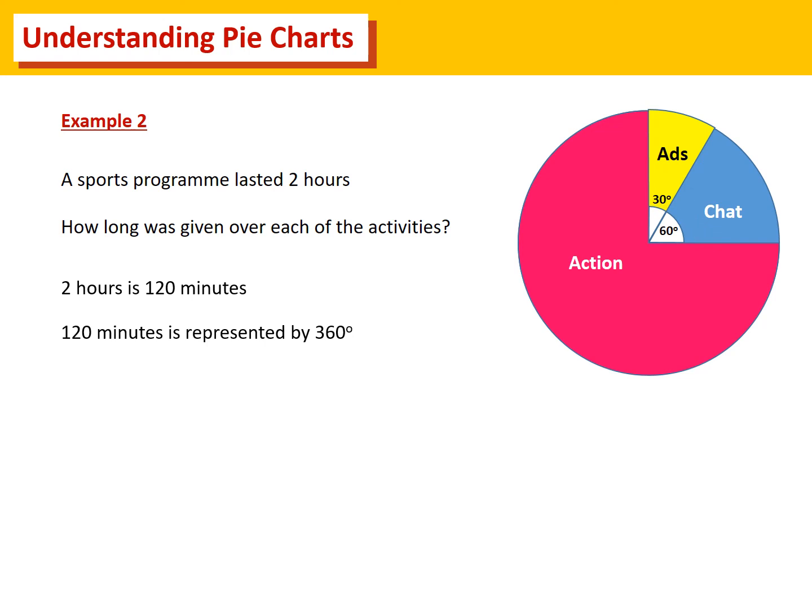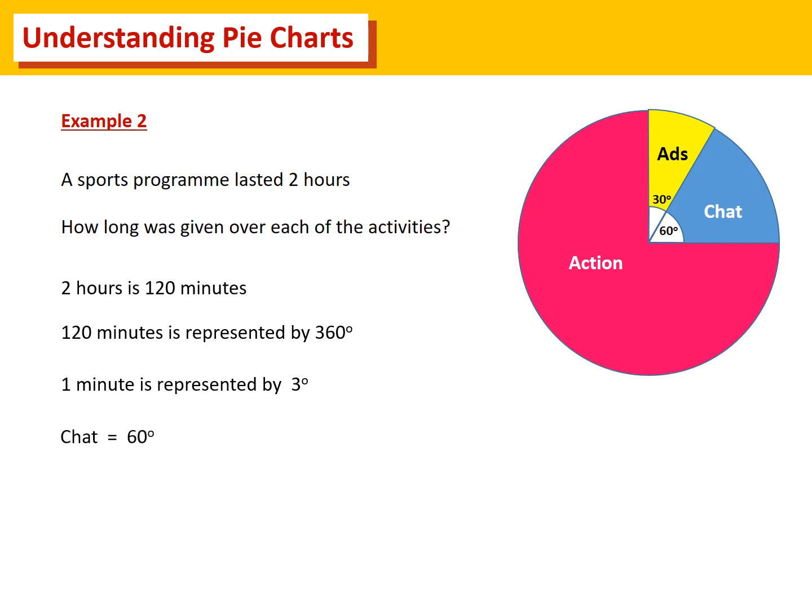That must mean that each minute of the program must represent 3 degrees of the diagram. Because 120 lots of 3 degrees gives us 360 degrees, which is the total number of degrees in the diagram.